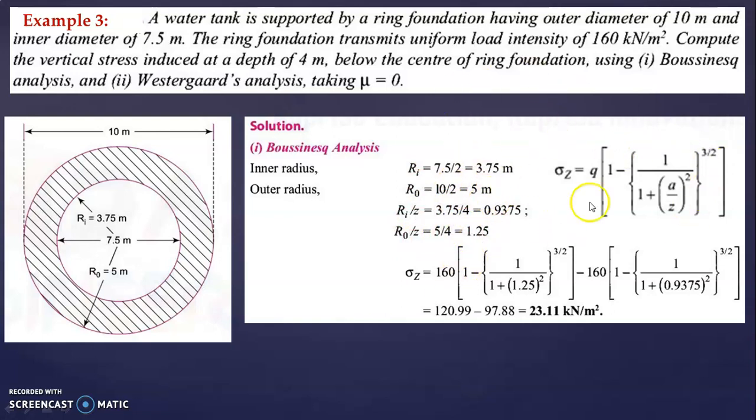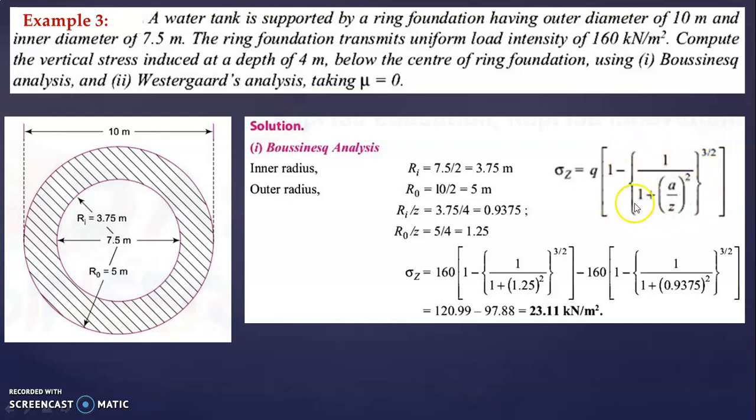Now we have this formula for the circular loading. Using Boussinesq equation, that is sigma z is equal to q into 1 minus 1 divided by 1 plus a divided by z square to the power 3 by 2. Substitute the values. Q is equal to 160 into 1 minus 1 divided by 1 plus a divided by z, that is, we consider outer radius first, that is 1.25 square, minus.